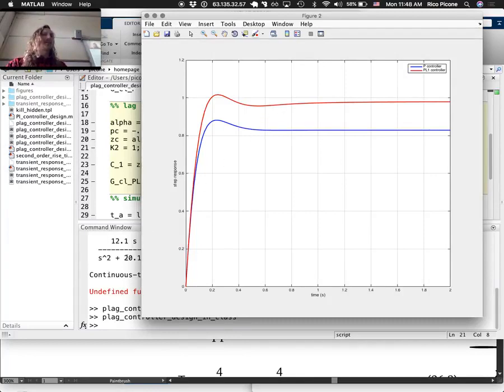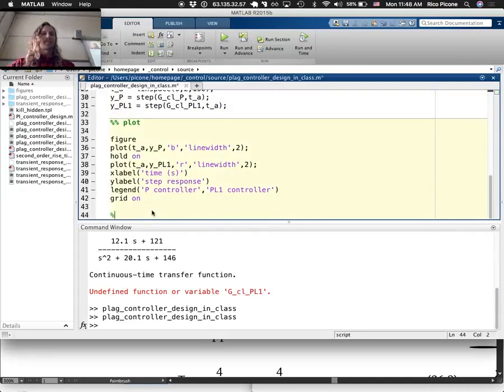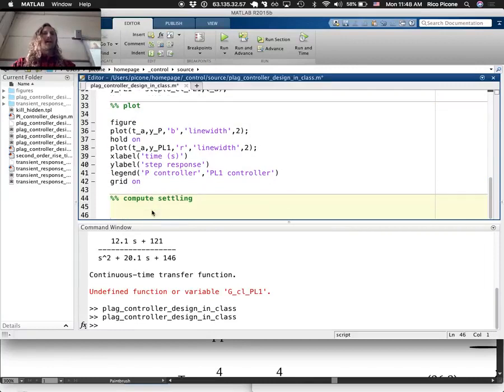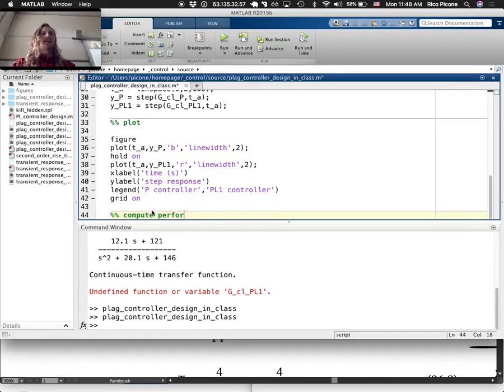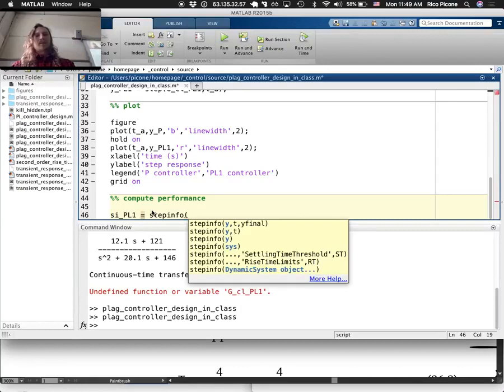So let's start to actually compute settling time, and we'll also compute steady state error. Computing the settling time is easy to do with step info, right? If we use step info and we give it the step response, we're interested in PL1.